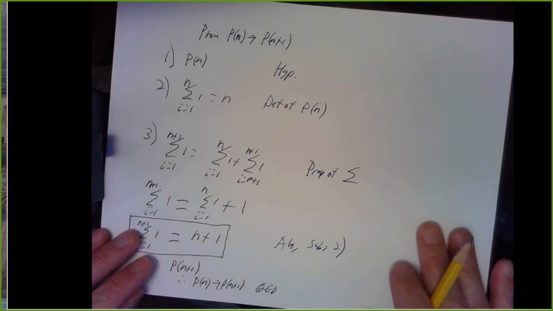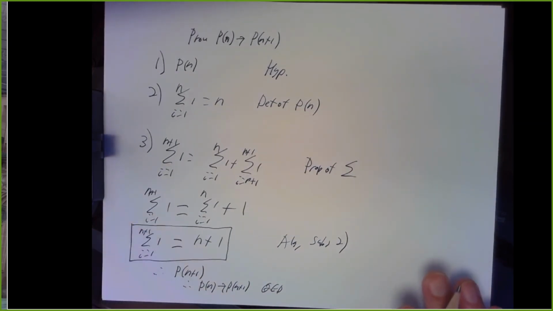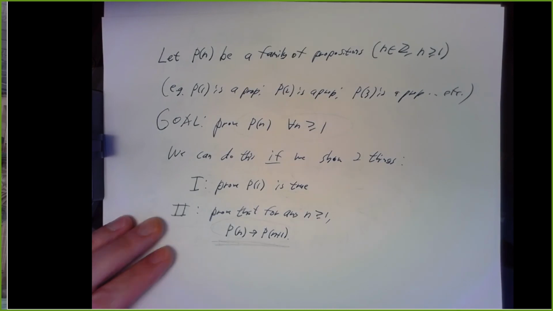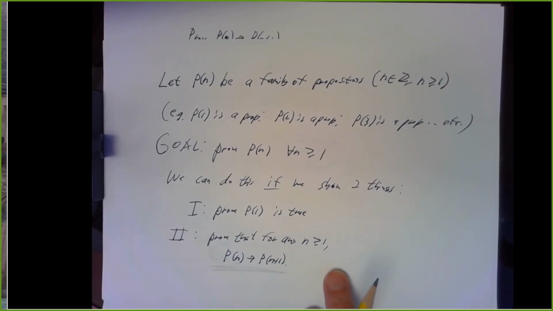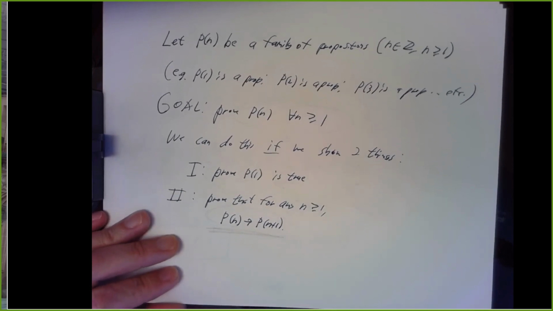All right, so lots of things going on here. There's a lot of machinery involved in this. Our goal is to prove P of n for all n in some class, like for all n bigger than or equal to 1. And we do this by proving 2 different things.